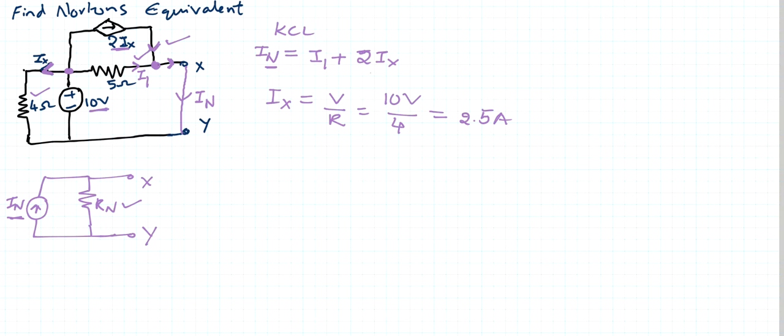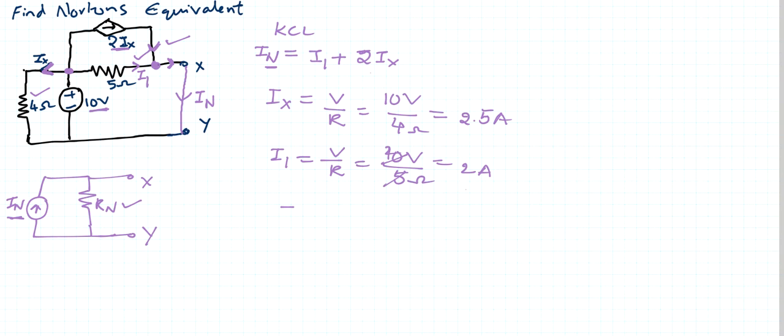What about I1? We can find I1 with the same formula, V by R: 10 volts by 5 ohms, that is 2 amperes. So I1 is equal to 2 amperes, Ix is equal to 2.5 amperes.